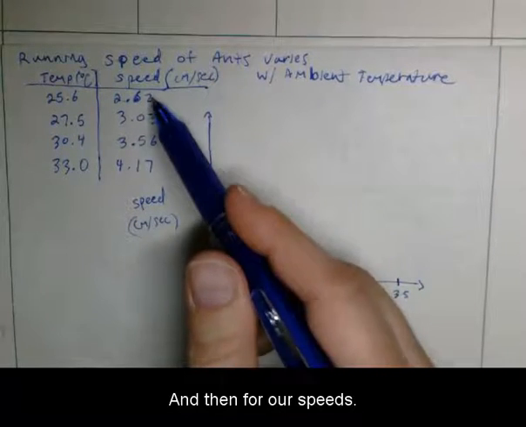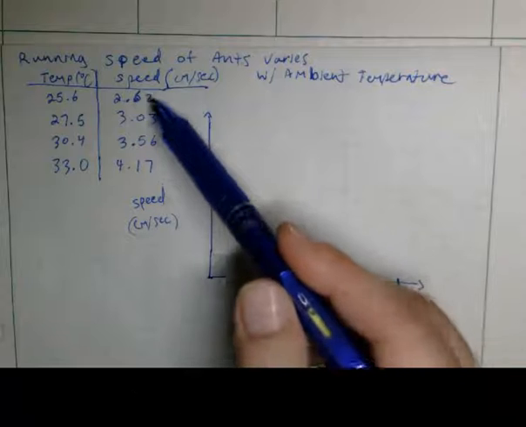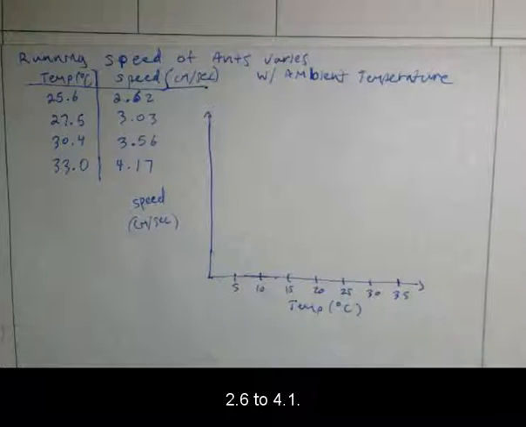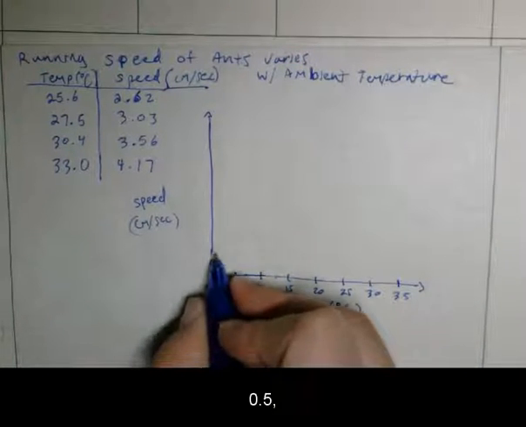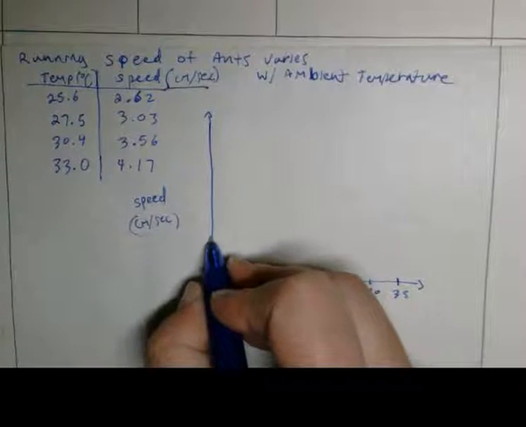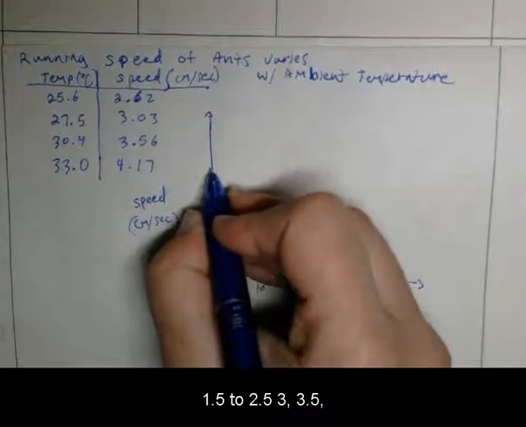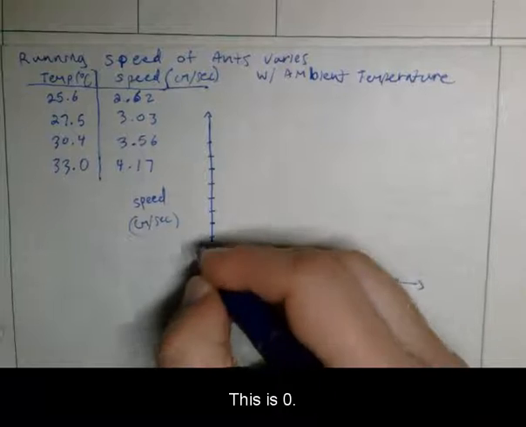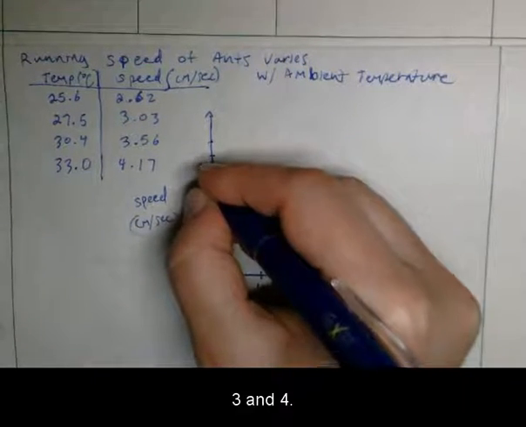And then for our speeds, we have everything ranging from 2.6 to 4.1. So we'll do 0.5, 1, 1.5, 2, 2.5, 3, 3.5, 4, 4.5, 5. So this is 0, 1, 2, 3, and 4.